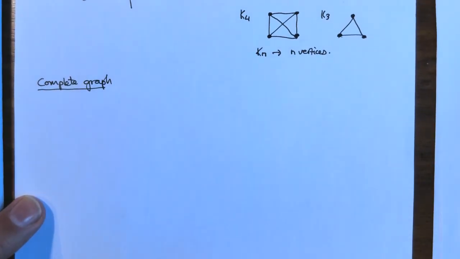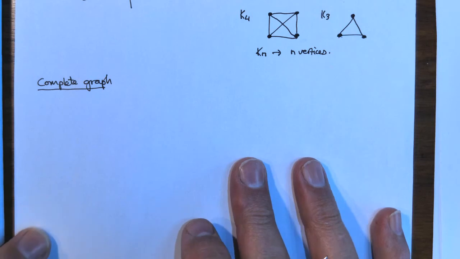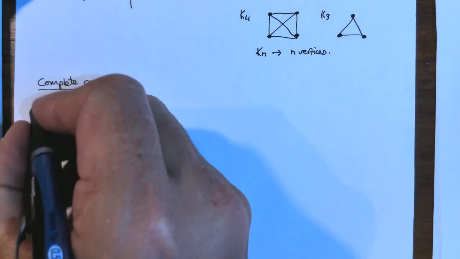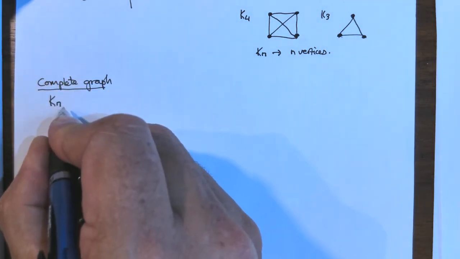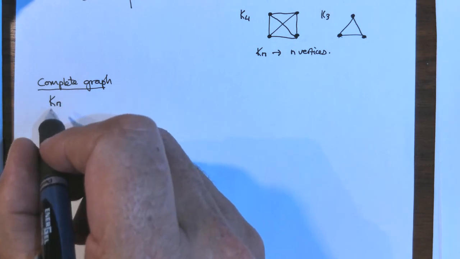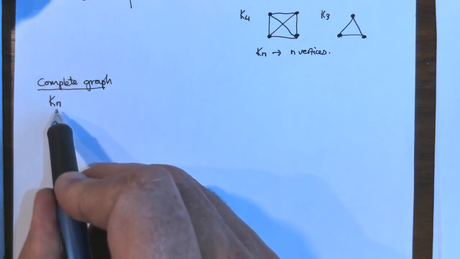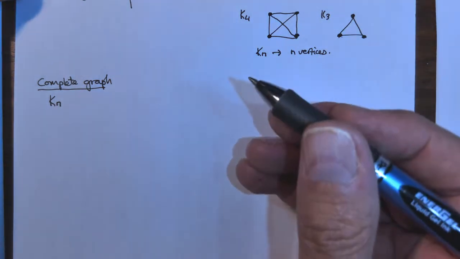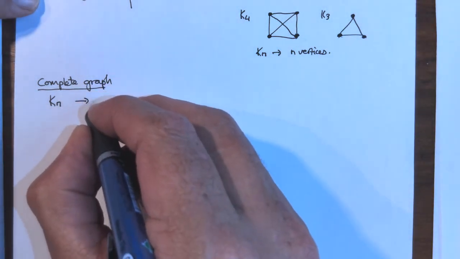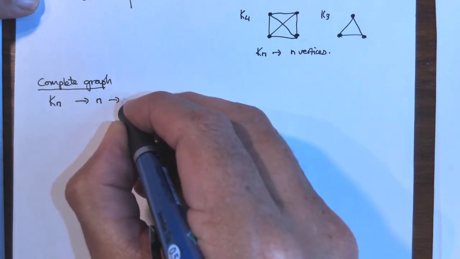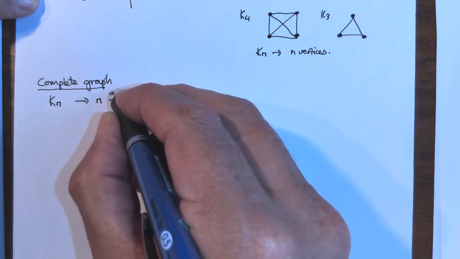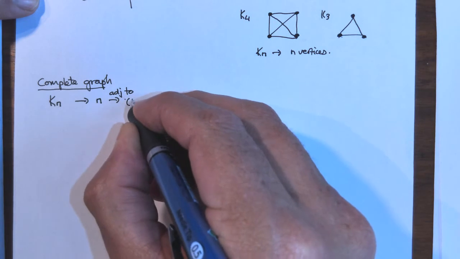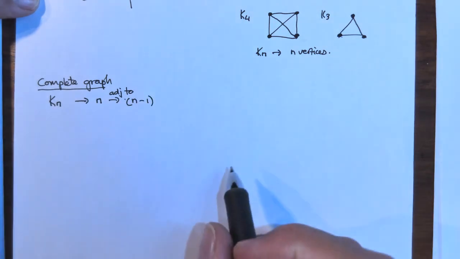So, if I talk about the complete graph Kn, what am I talking about? Each vertex in Kn is adjacent to n minus 1 other vertices.